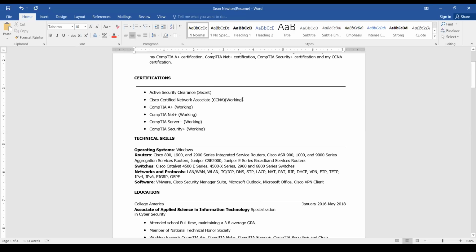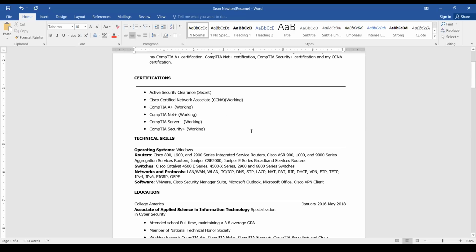So when you're doing this, ask yourself when you send it out, are you going to have these certifications, or are they in progress? Rather than working, if they are in progress, I would list it that way. Active security clearance, wonderful. Is it required for the job? If it is, then you want it there. If it's not, it's irrelevant.